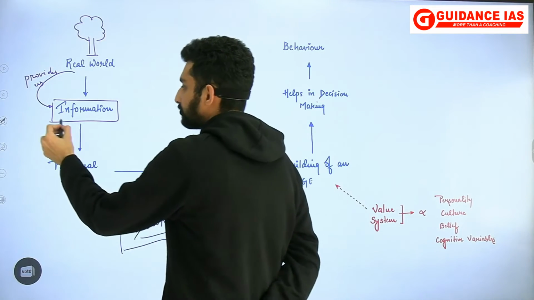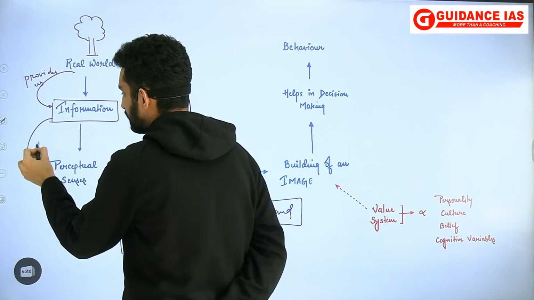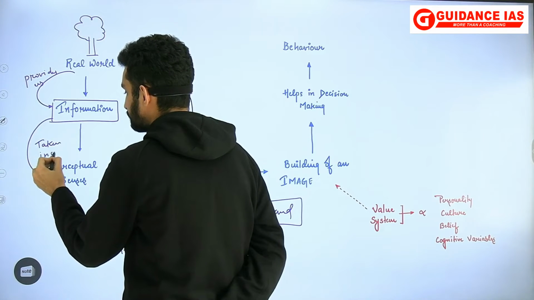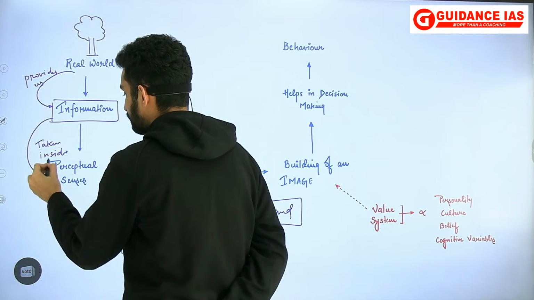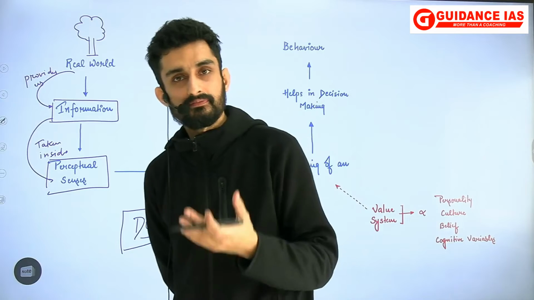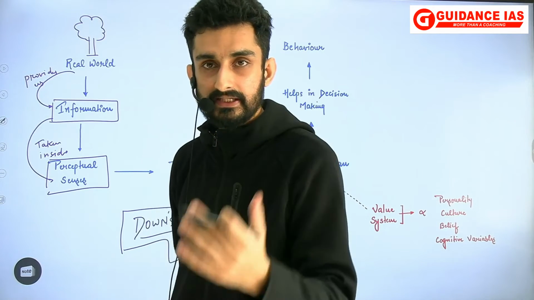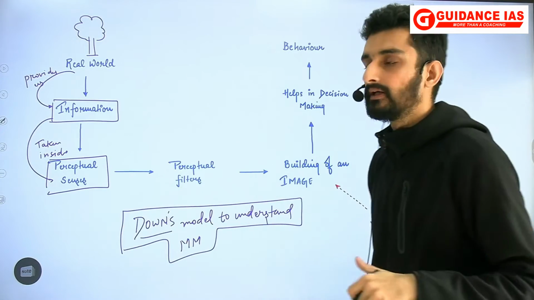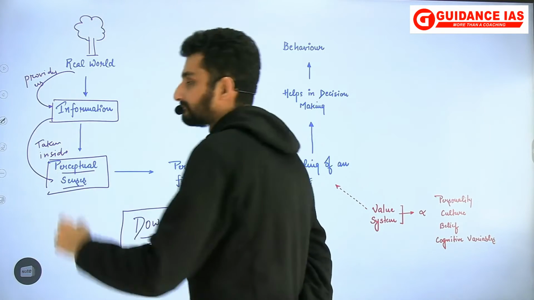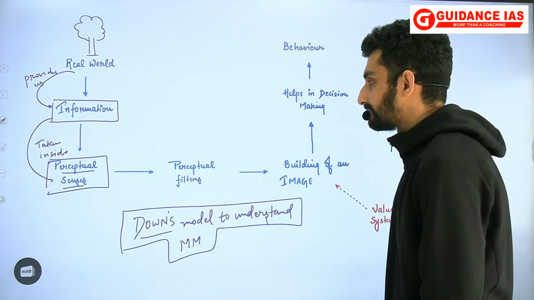This information is being taken inside our mind or body with the help of perceptual senses. Okay? The senses through which we perceive: eyes, nose, ears, skin, touch, etc. So these are all the perceptual senses. Okay? I hope it is clear.